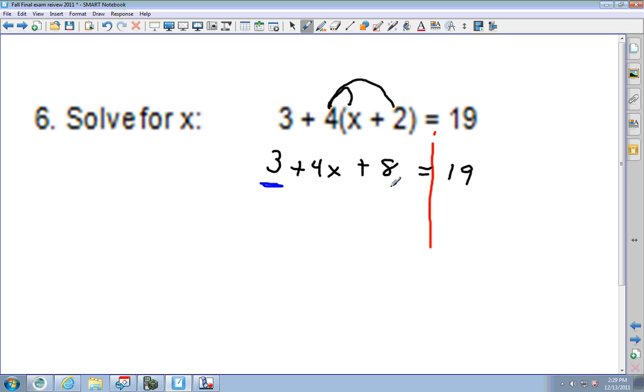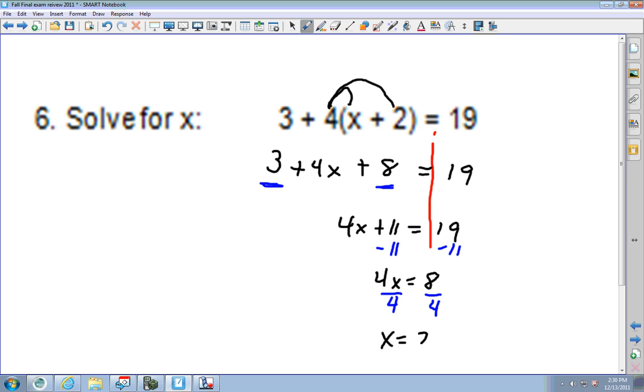I'll put these numbers together. I have 4x plus 11 equals 19. I'll subtract 11 from each side, and you'll get 4x equals 8. Divide by 4. x equals 2.